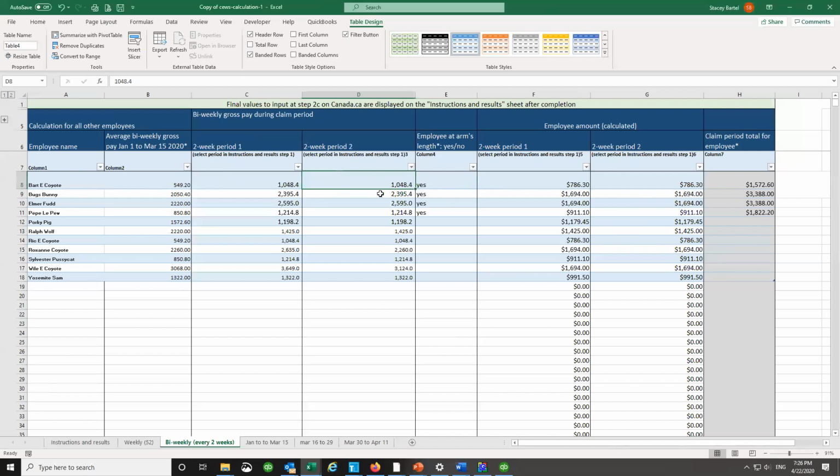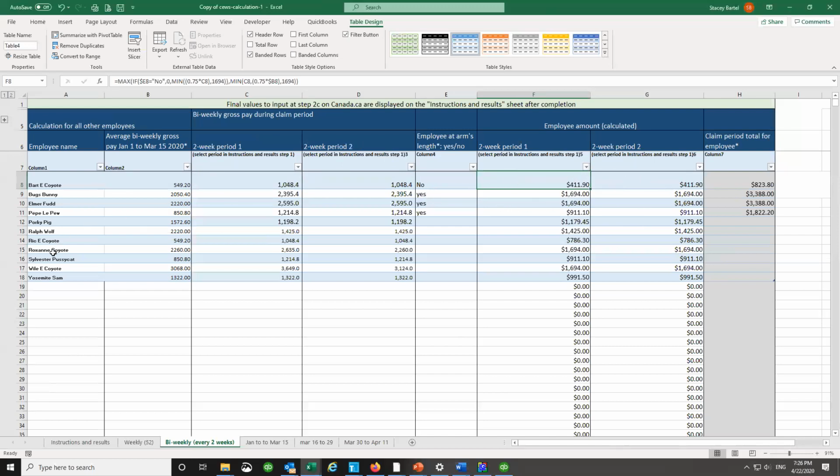However, he's not. So the minute we change him to a no here, you're going to see that his subsidy allowance drops from $549 to $411.